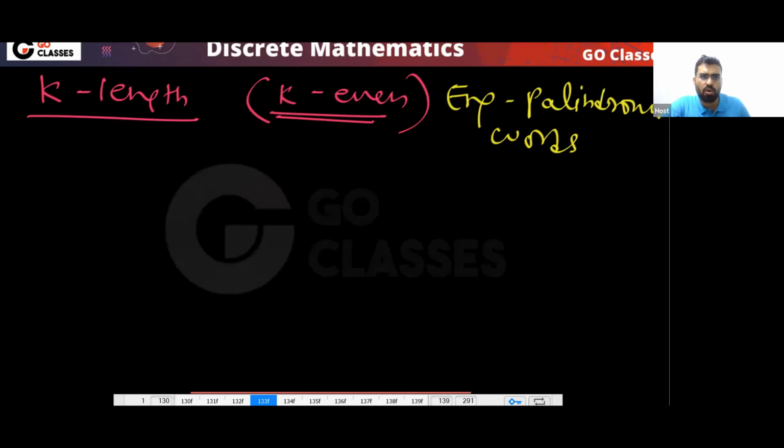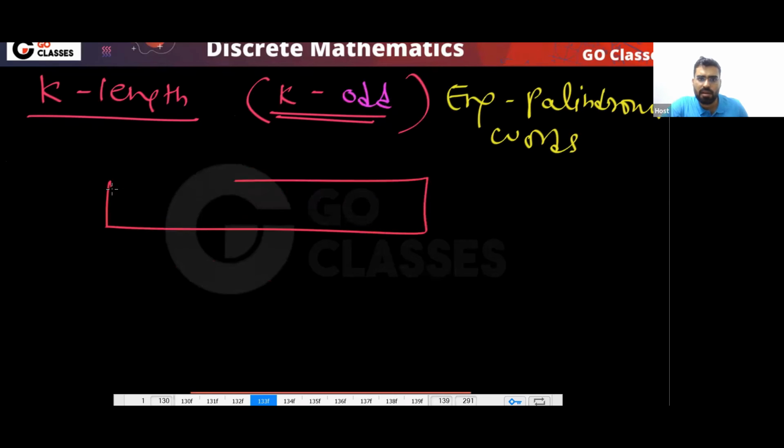If k is odd, what will be the answer? You can take, for example, k is 5. Now, if k is 5, for how many positions do you have a choice?